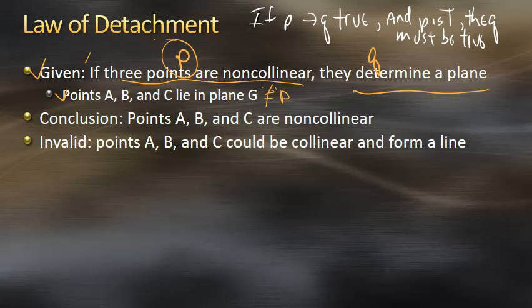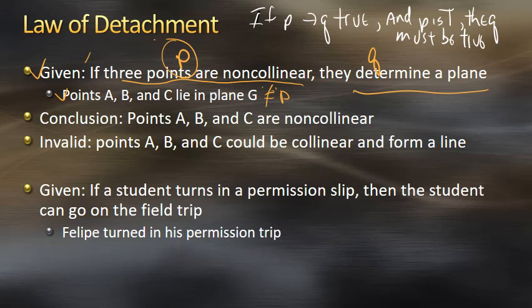Now let's look at another one, see what we come up with here. So in this one, we've got a statement. If a student turns in a permission slip, then the student can go on a field trip. Well, what's our P? What's our hypothesis here? Well, if a student turns in a permission slip, that's our P, then they can go on a field trip, that's our Q. So if you turn in a permission slip, then you can go on a field trip.